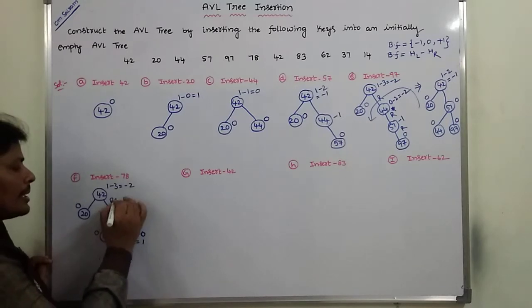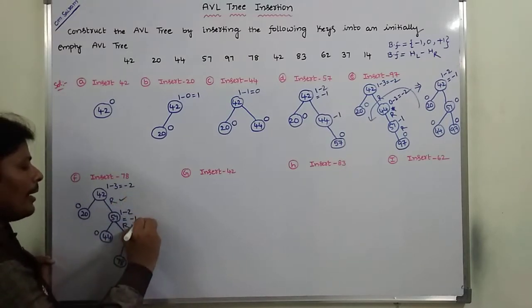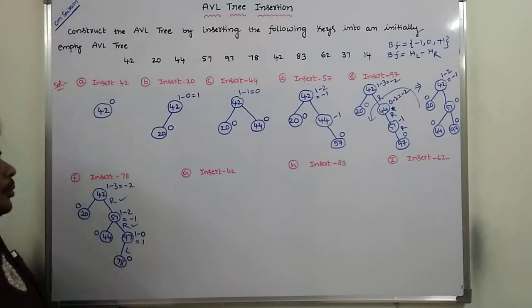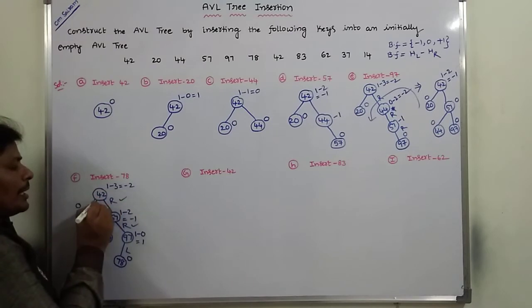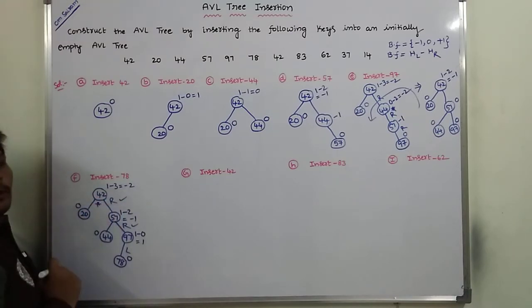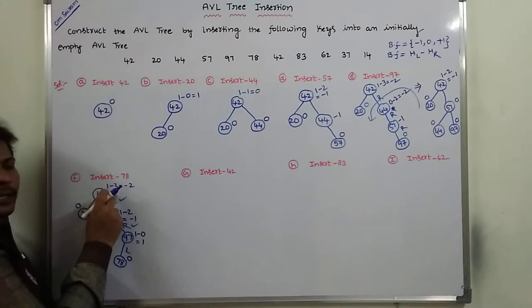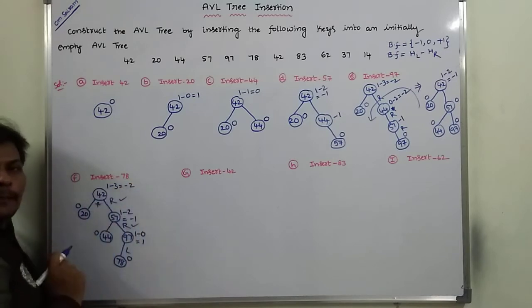So now we are concentrating only on this R and this R. So we are performing RR rotation, that is right rotation. With respect to node 42, because of inserting 78, we are getting the imbalance at root node 42. The balance factor is minus 2.